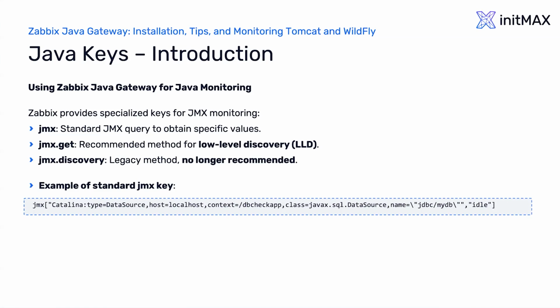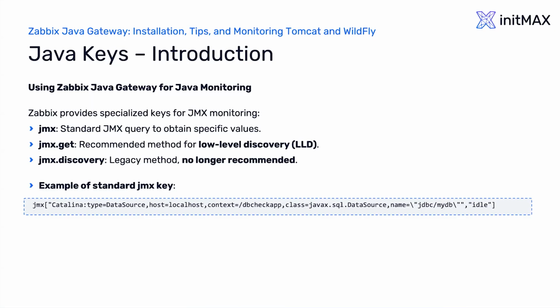As an example, a standard JMX key. This is very frustrating for someone who doesn't work much with Java, because if we're working with Zabbix agents and monitoring operating systems like Windows, Linux, whatever, we're probably used to item keys like system.cpu.load or net.if.in, which would translate to network interface incoming.